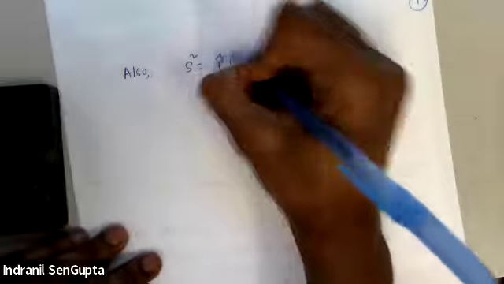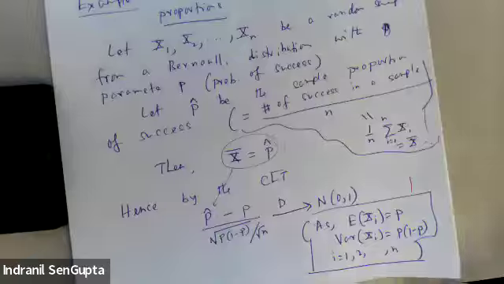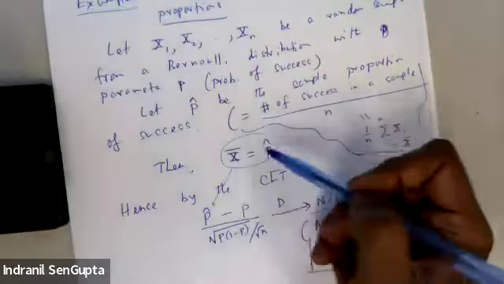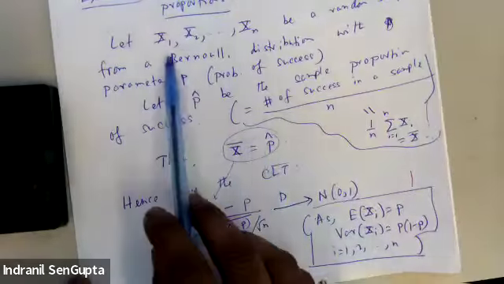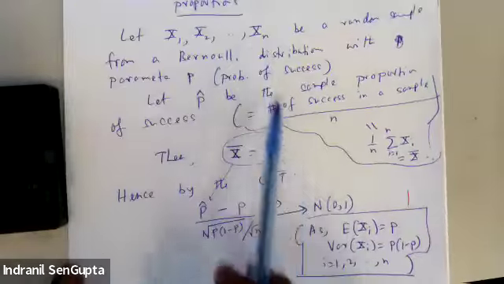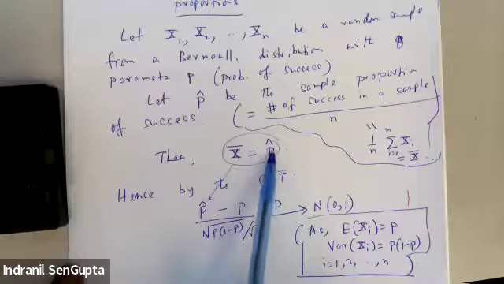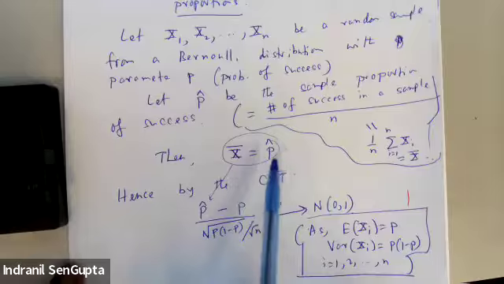Sorry, p hat times (1 minus p hat), isn't it? So when you're drawing this particular sample, suppose we have x1 through xn with mean p hat.